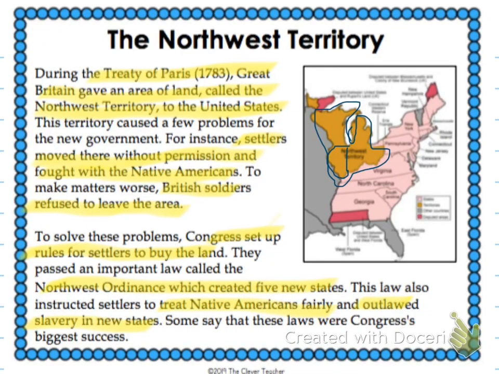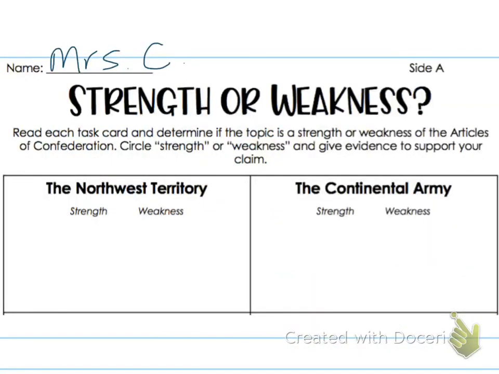Okay, so now that we've read the little section about the Northwest Territory, let's go to our worksheet that has the title Strength or Weakness and talk about the Northwest Territory. We need to decide if it is a strength or a weakness.